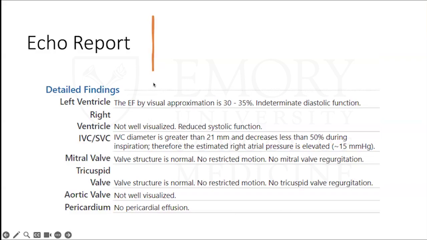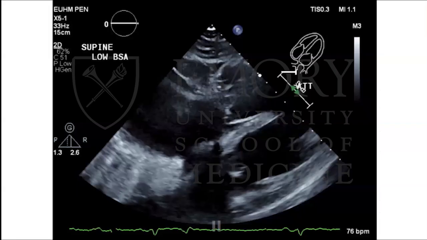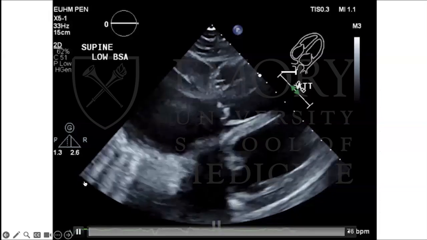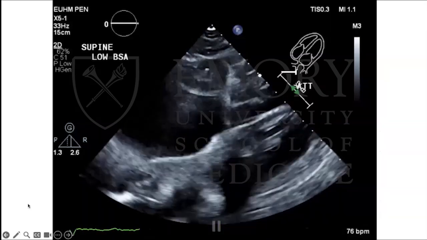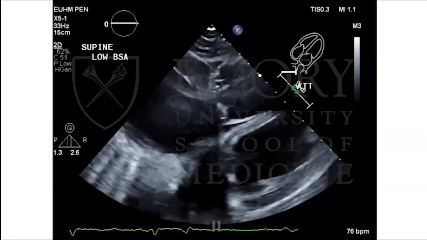They're calling reduced RV function as well, with some increased right atrial pressure seen. Interesting thing here is that the mitral structure is normal, no restricted motion, no regurgitation. Tricuspid valve is normal, no restricted motion, no regurgitation. And the only other notable thing in this summation report is that there was a dilated right atrium, as you can see in this video. Solidly dilated right atrium there.